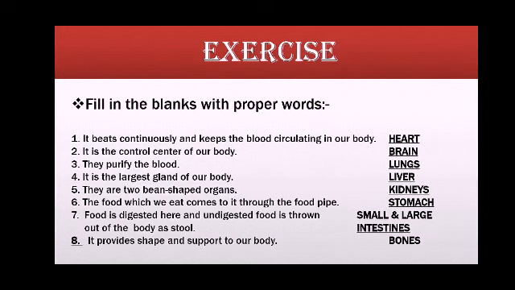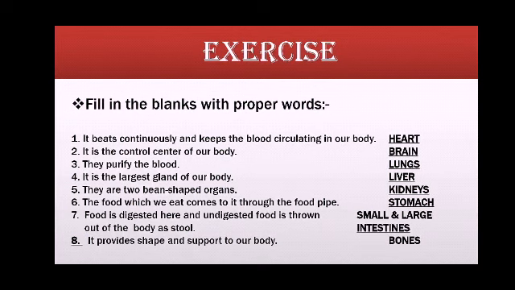Number 7, food is digested here and undigested food is thrown out of the body as stool. So the food that comes from the stomach goes to the small intestine, and then the undigested food, which is waste, is thrown out of the body from the large intestine.